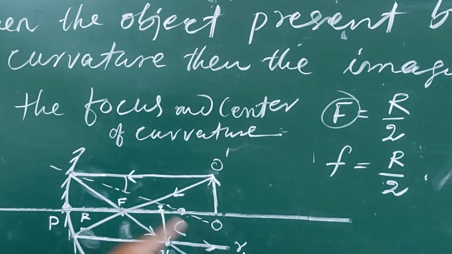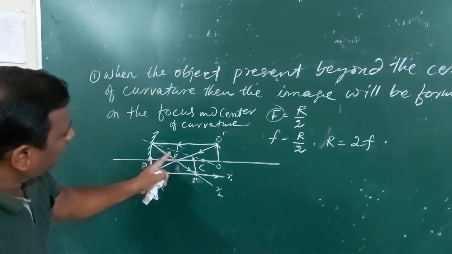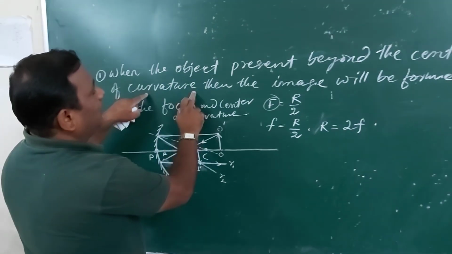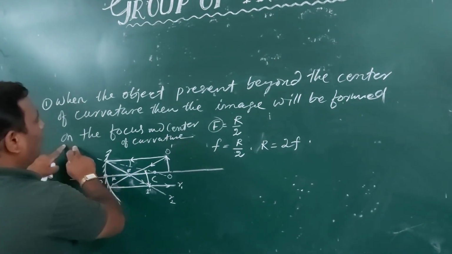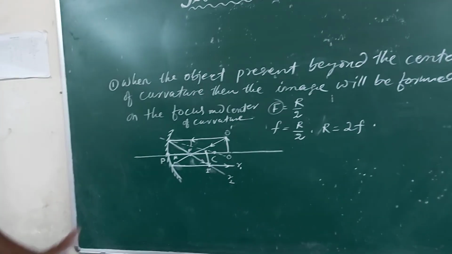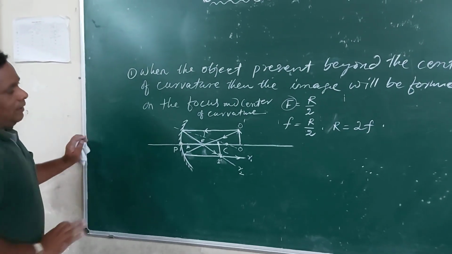The image will be formed between F and C. Okay, when the object is present beyond the center of curvature, then the image will be formed between the focus and the center of curvature. This is point 1, right?